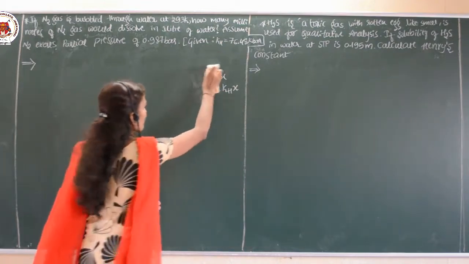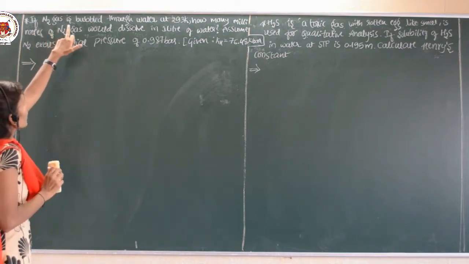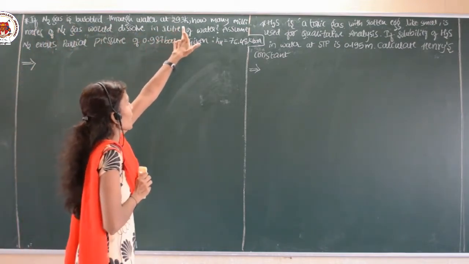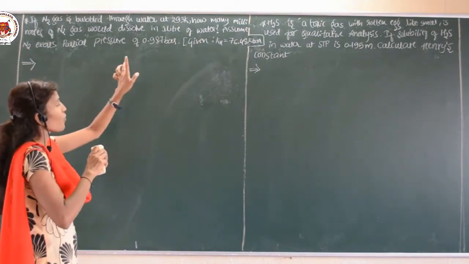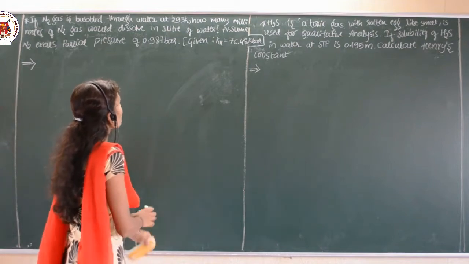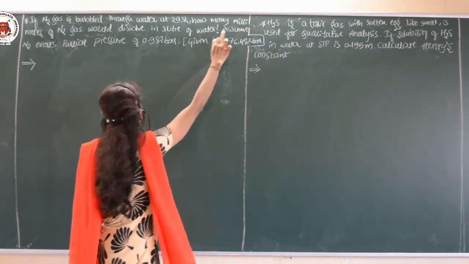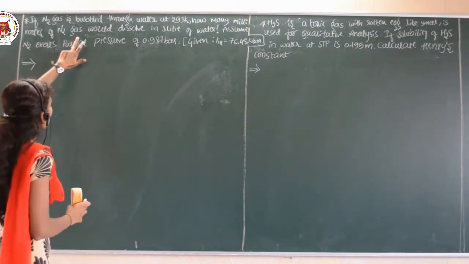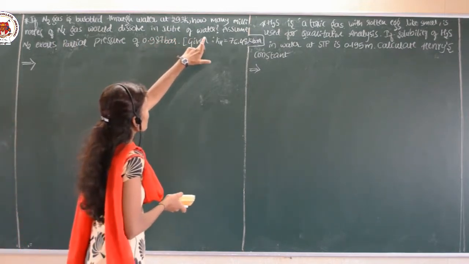Okay. Here, what is the problem? If N2 gas is bubbled through water at 293 Kelvin, then what is the question? How many millimoles of N2 gas would dissolve in 1 liter of water?